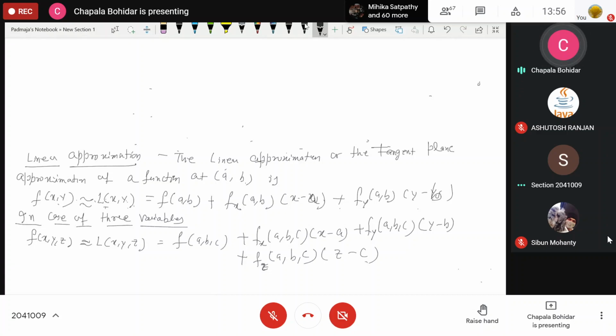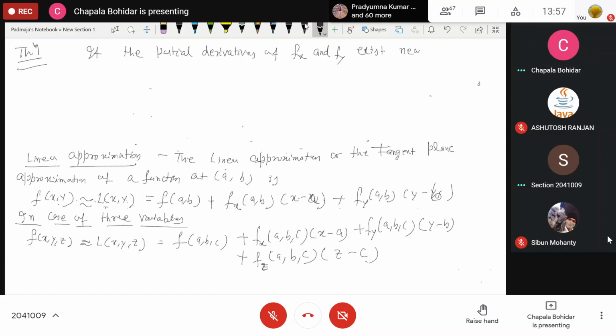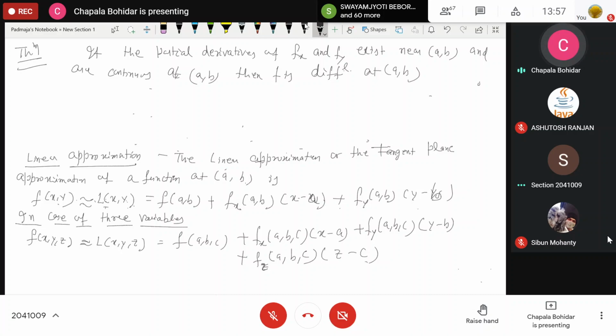Statement of the theorem: if the partial derivatives fx and fy exist near a, b and are continuous at a, b, then f is differentiable at a, b.